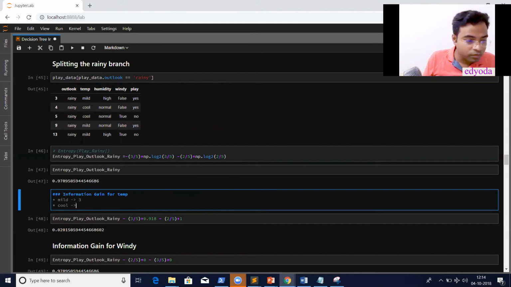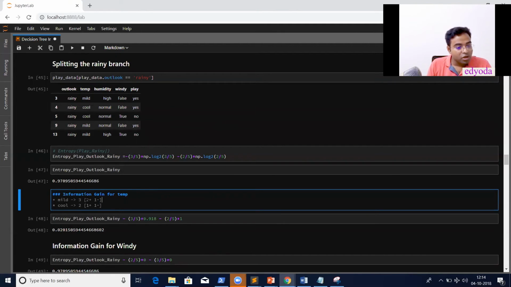Cool, it is 2. Right, and it is 1 plus, 1 minus, right? Yes, no. And then mild, it is yes, yes. 2 yes, 1 no. 2 plus, 1 minus, right? So that's why the math here comes.